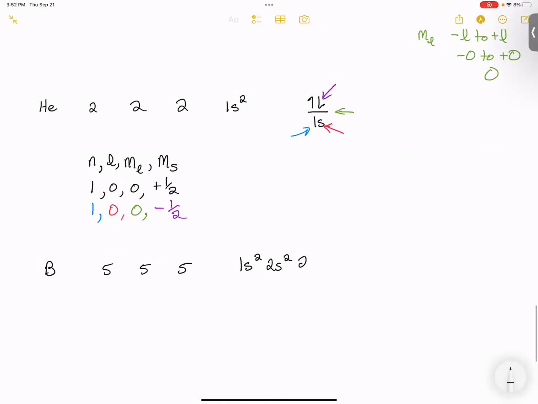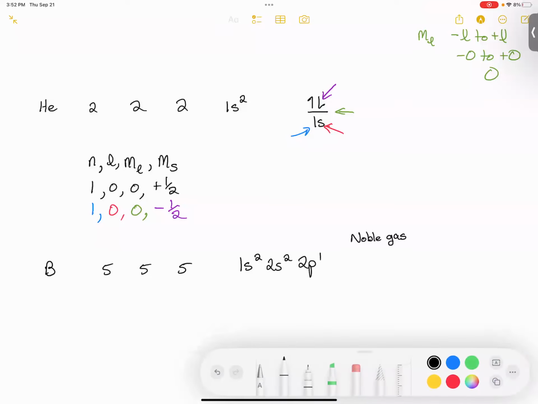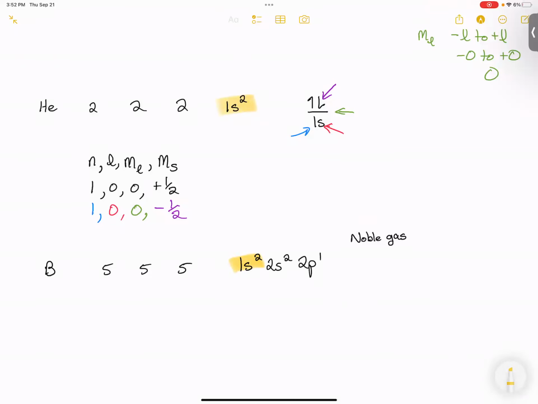Now, I haven't been able to until now to do a noble gas configuration. If you notice, boron has everything that helium has. They both have a 1s2.